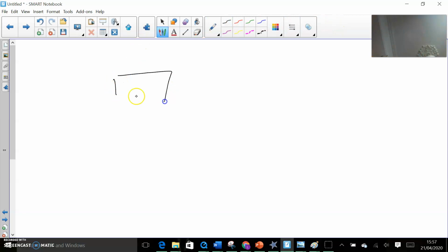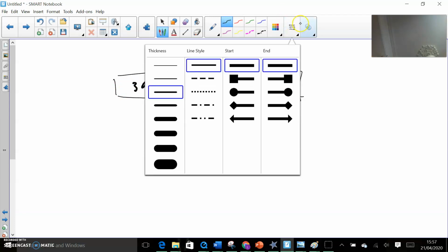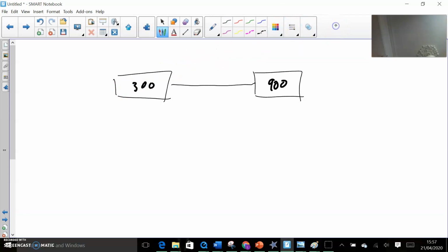So we've still got the car and the trailer and the tow bar, but this time we have a braking force. Let's put in the 900 and 300 there. The braking force is a force which goes in the opposite direction to the motion.